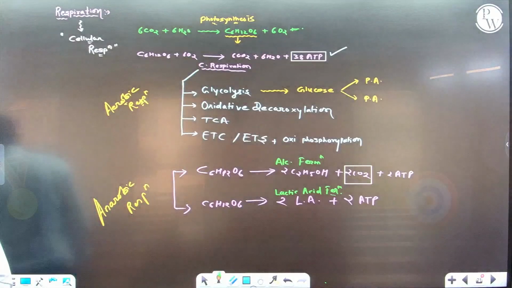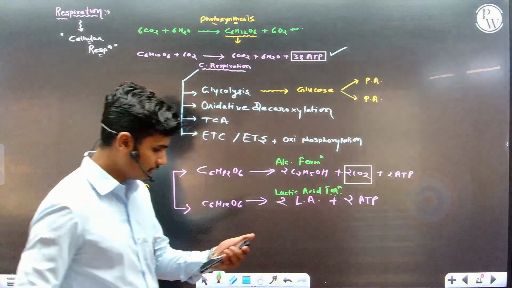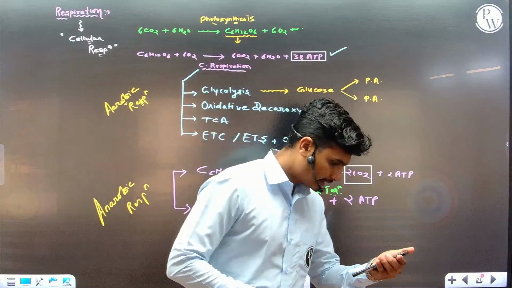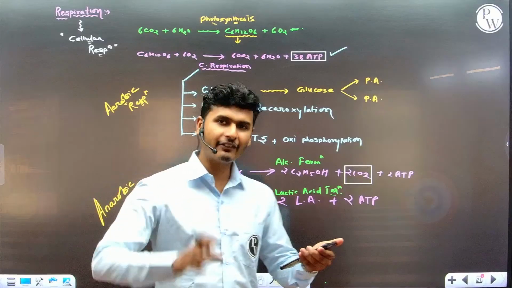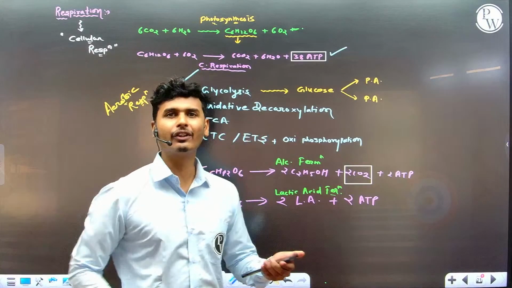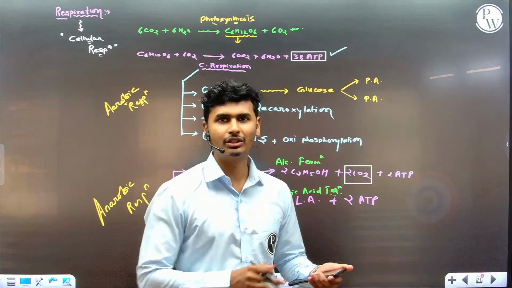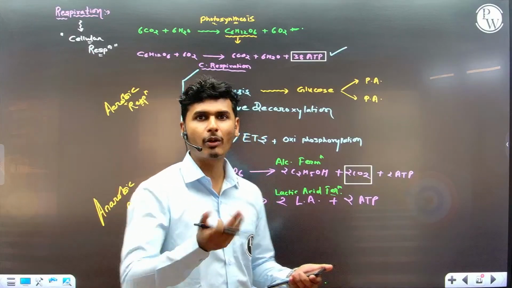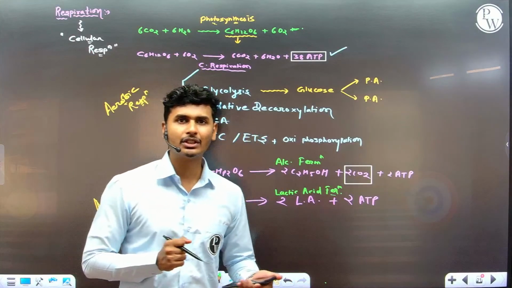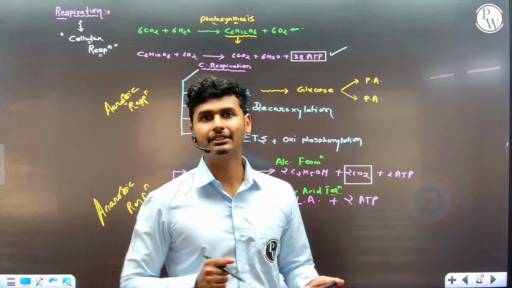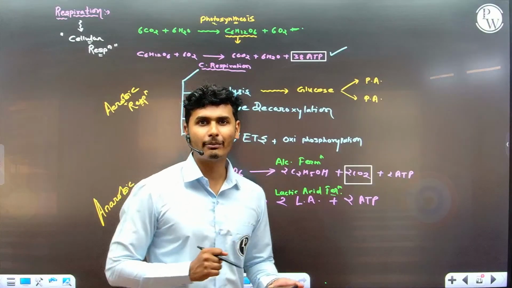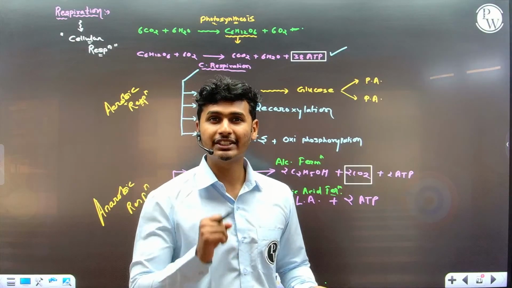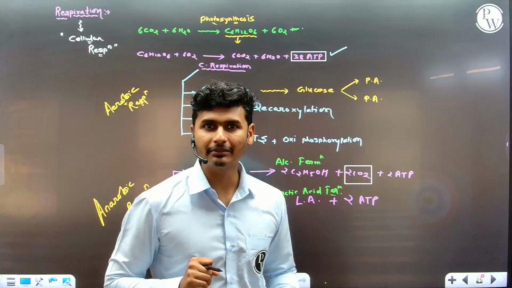Yes, I am waiting in the chat section. Sandro, NEET 2027, sir. Definitely this lecture will help you for NEET 2027 also, because I am covering a basic topic of glycolysis. In class 11th, what topics are important for you: photosynthesis, respiration, morphology and anatomy.